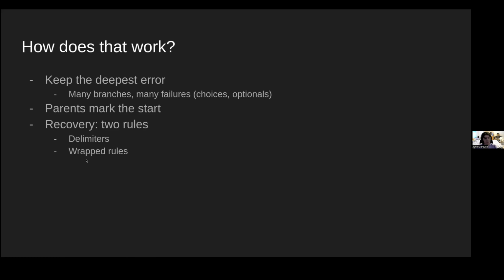And for wrapped rules, like a list that starts and ends with square brackets, if the inner values fail to parse, it will recover to the closing delimiter, a closing square bracket. That just means it'll store the error away in a list of errors, and continue parsing as if nothing happened. And you can still get a partially complete input, which has error nodes in it.